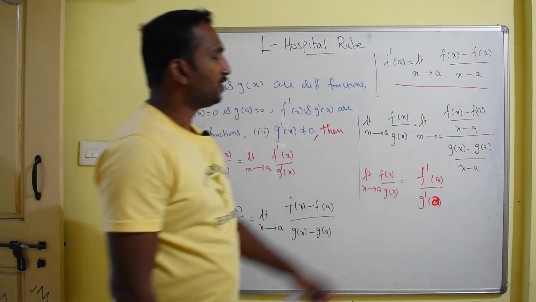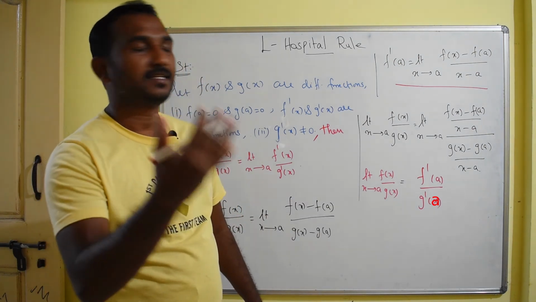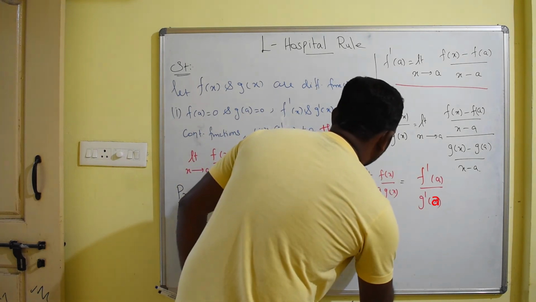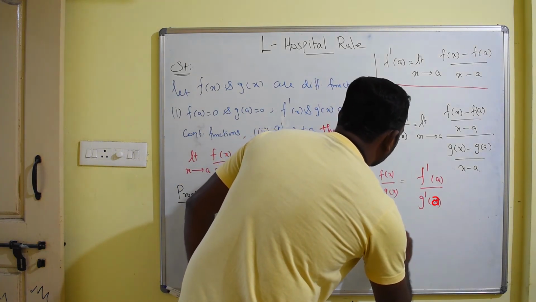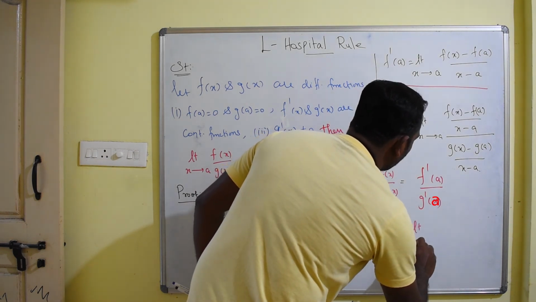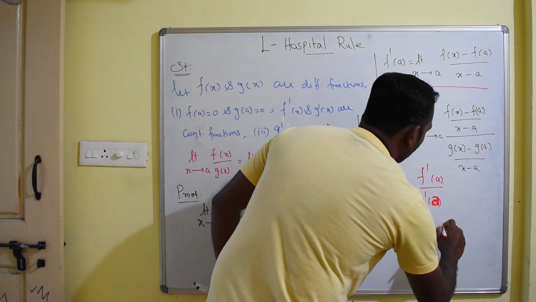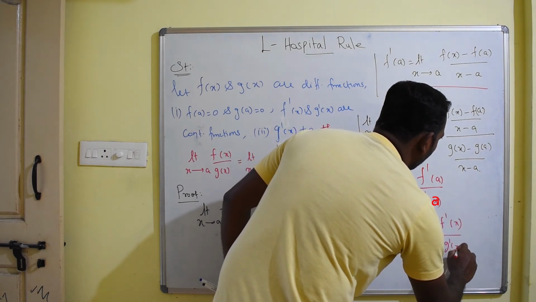Now I am going to introduce the limit. If I take x as a, then what happens? That will give limit x tends to a, f of x divided by g of x is equal to limit x tends to a, f dash of x divided by g dash of x.